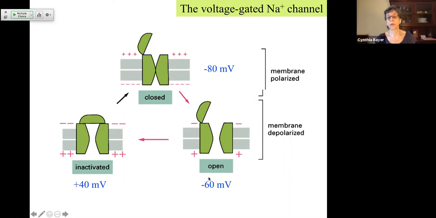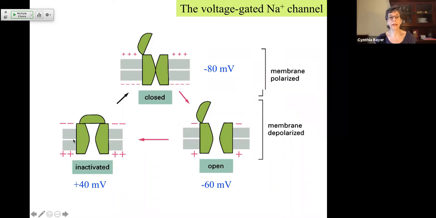causes the channel to open. And because it's open, sodium ions are entering the cell from the outside to the inside, bringing more positive charges, which makes the membrane become even more depolarized, such that it ends up having a positive millivolt, a positive membrane potential.